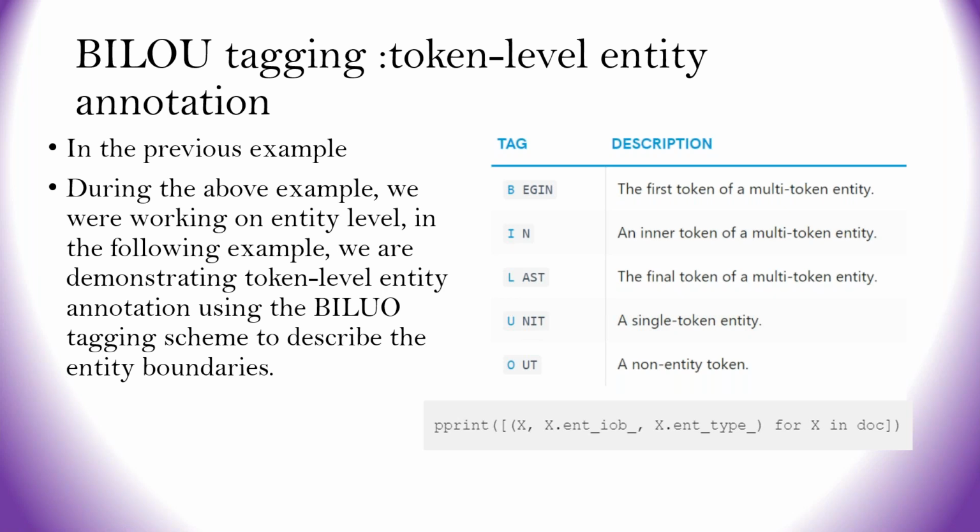A non-entity token is represented as O. In the previous example, we were working at the entity level. In the following example, we are demonstrating token-level entity annotation using the BILUO tagging scheme to describe entity boundaries. Boundaries in the sense that it only needs to look at these sets of entities, not the entire entity. So you can set this as the beginning token and this as the last token, and within that it identifies what individual tokens are there and tells us.